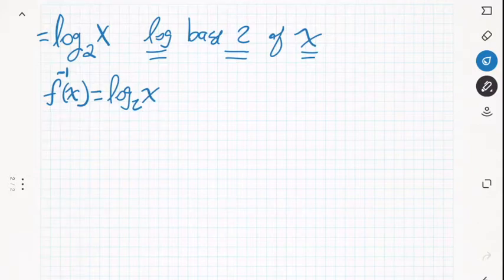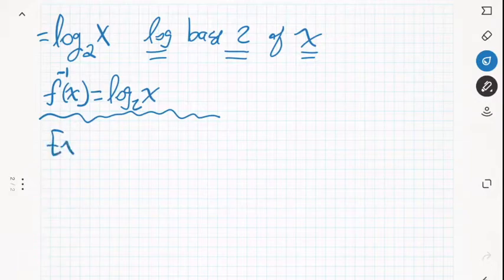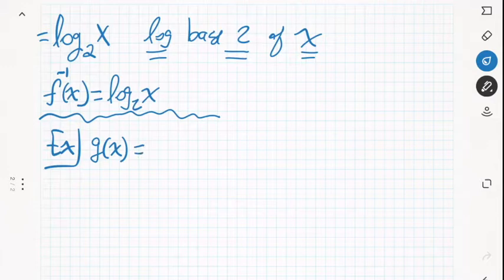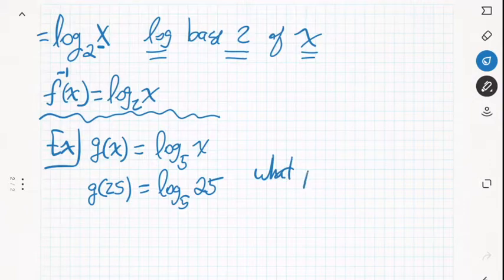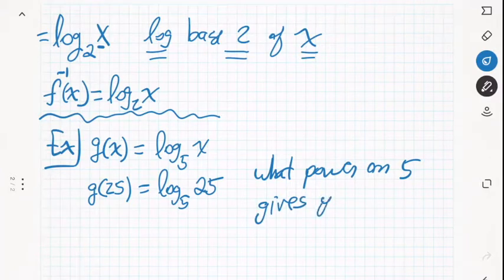All right. So if we have a function, for example, that was g of x is equal to log base 5 of x, and I want to evaluate 25, that would be log base 5 of 25, then the question becomes, what power on 5 gives you 25?